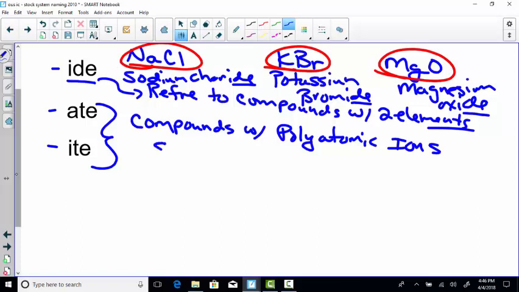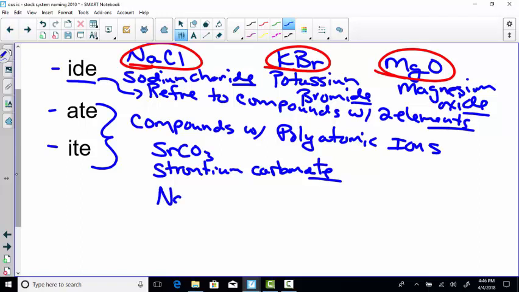So if I have SrCO3, that is strontium carbonate. There's your ate ending. If I have NaNO2, that's sodium nitrite. And there's your ite ending.